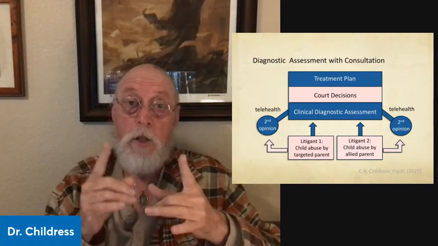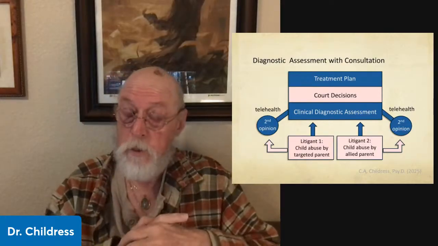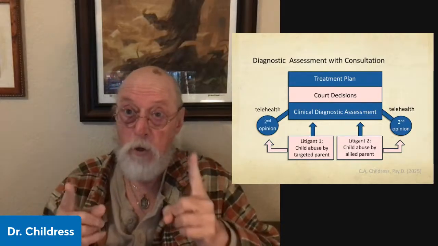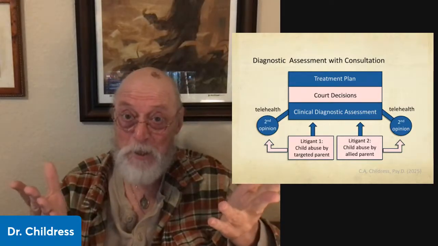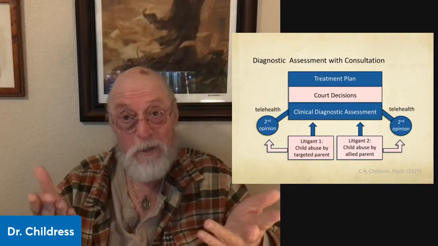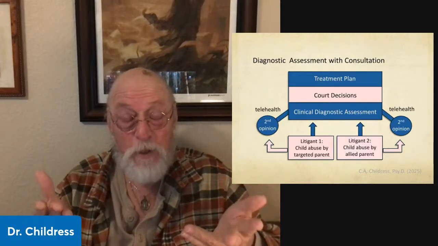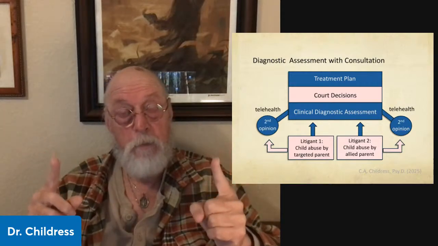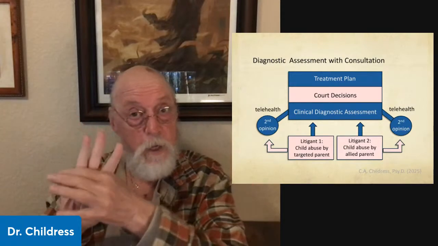Any diagnosis returned into the legal system will be a disputed diagnosis by one party or the other. That's just a fact, especially when the diagnosis is child abuse by one parent or the other. So let's let each litigant parent appoint their second opinion. They all get together and we get a three-doctor panel.